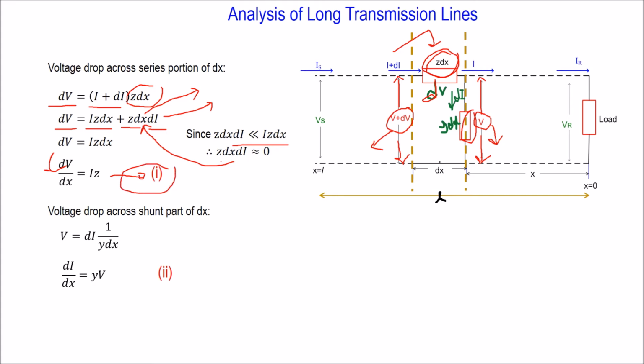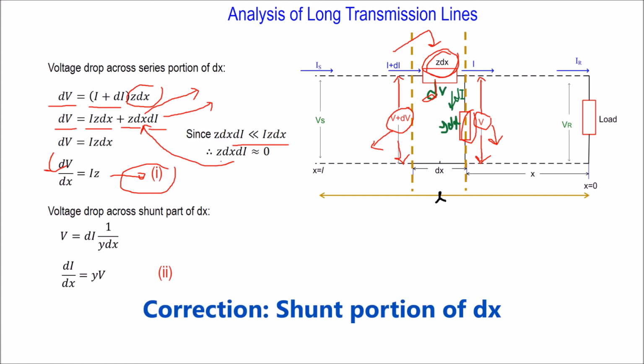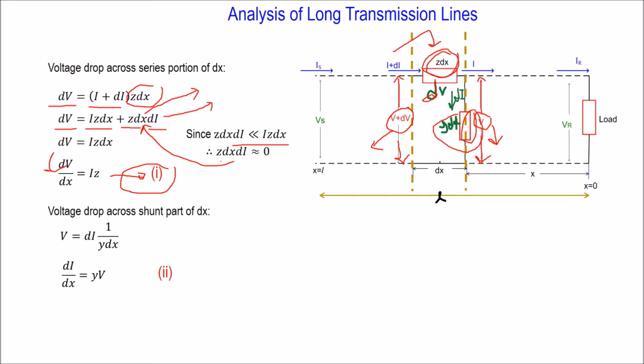Next, what will be the voltage drop across this shunt portion of dx, right? So the voltage is already given as V. So V equal to IR. What is the current? We can see here the total current entering this series portion is I plus dI, and the current leaving from this series portion is I. So the rest of the current, which is dI, this current is entering this shunt portion, right?